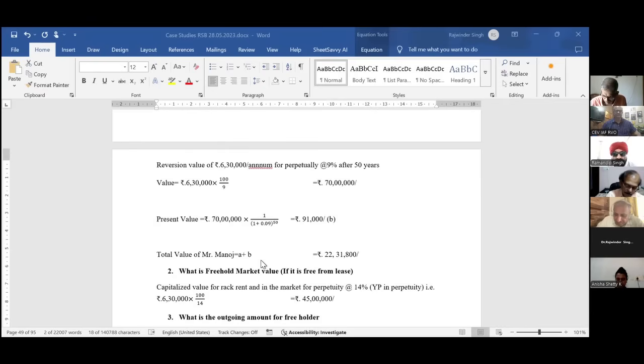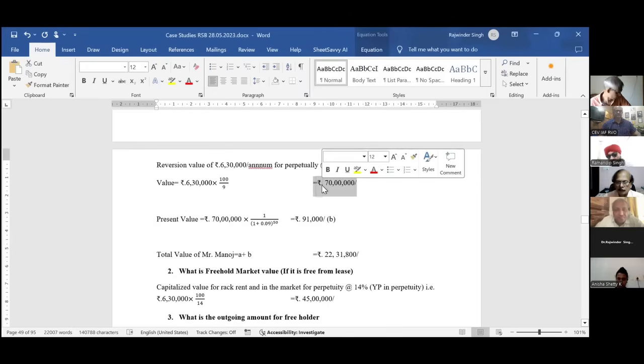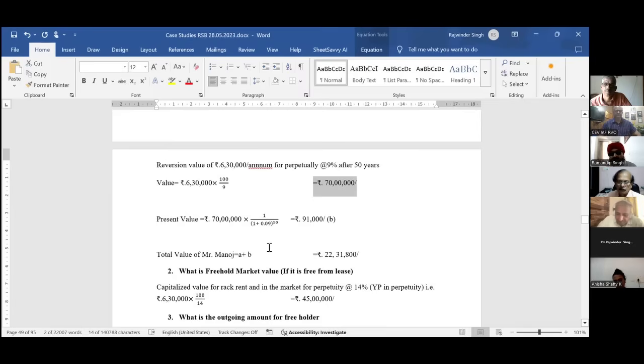Okay. Then after 50 years, he will be getting 6,30,000 per annum perpetually at 9%. For 50 years, you calculate it, it comes out to be 70 lakh, but it will be after 50 years. You require it as on today. For that, you have to defer it. So we defer it at 9%.